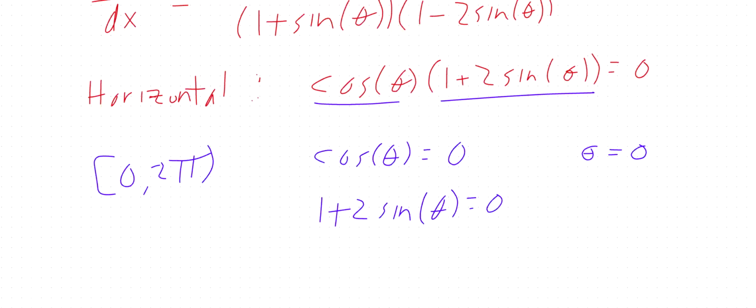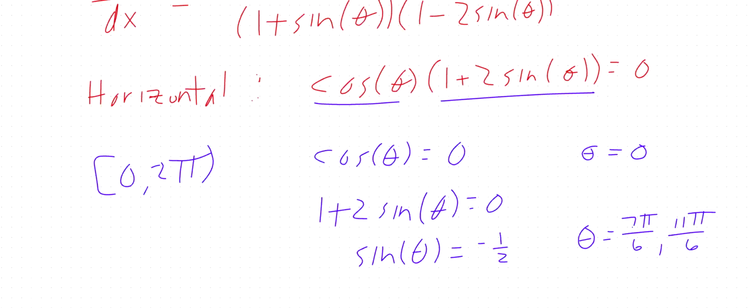Then we can look at the bottom one. So where is sine equal to a negative 1/2? Our theta there is going to be 7 pi over 6 and 11 pi over 6. All right, so that's our horizontal.